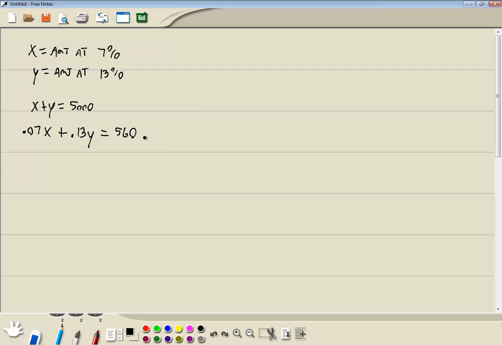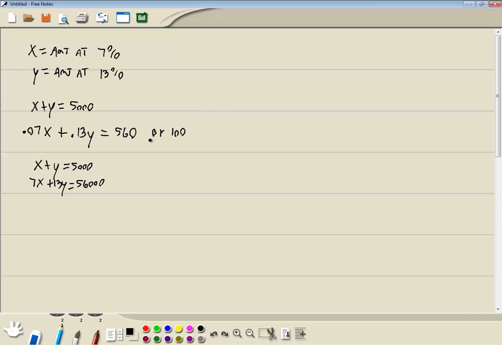Now, I don't like decimals personally, so I'm going to multiply this second equation by 100, or move my decimal point 2 places to the right. So my first equation is still X plus Y is equal to 5,000, and that becomes 7X plus 13Y is equal to 56,000.